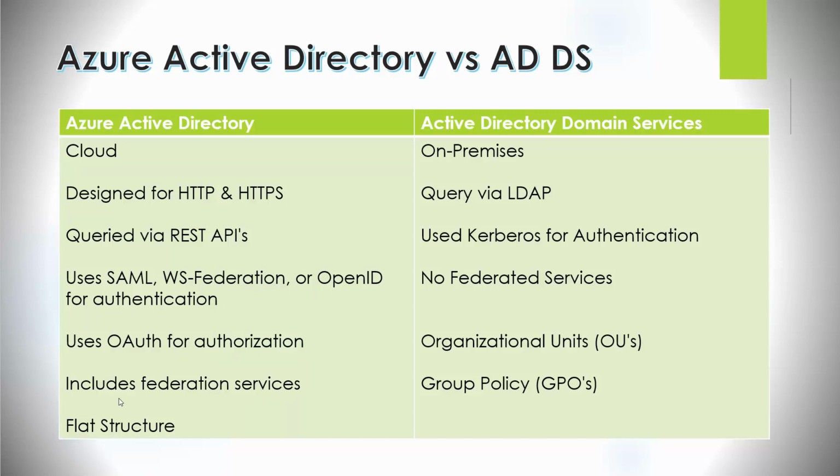Azure AD is built to use federation services and lots of third-party services like Facebook, whereas Active Directory Domain Services does not use federation services. And users and groups in Azure AD are created in a flat structure. There are no organizational units or group policies like there are in Active Directory Domain Services.